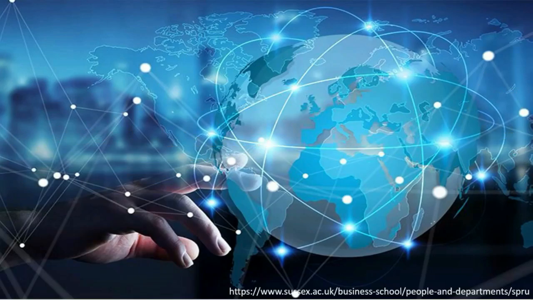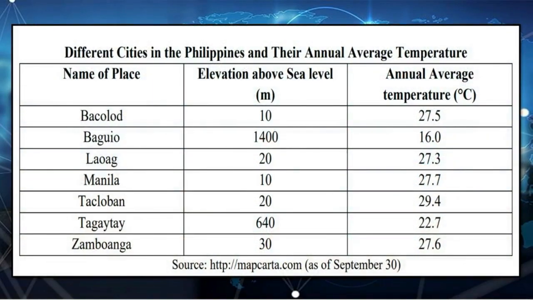Okay class, a while ago, I mentioned altitude and topography as one of the factors affecting a climate. I will give an additional information regarding this topic. Take a look at this given table.